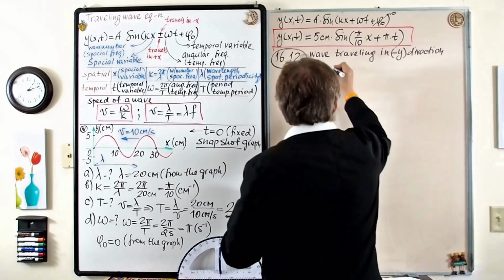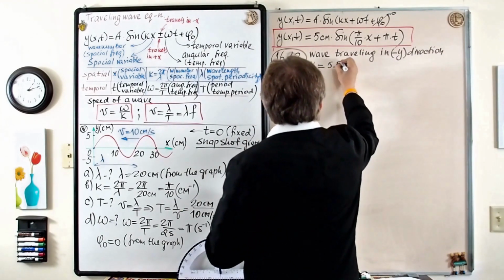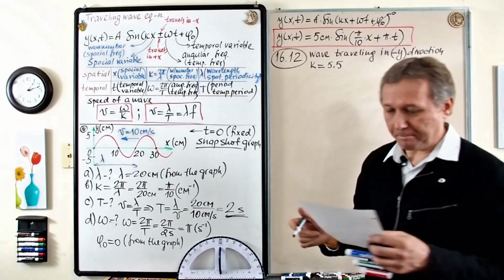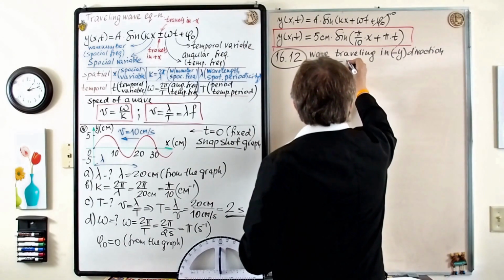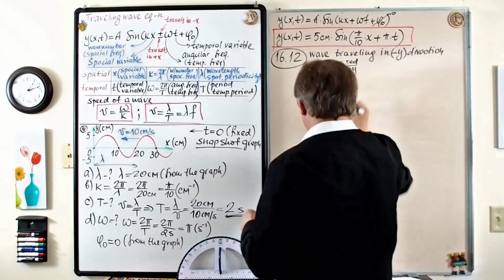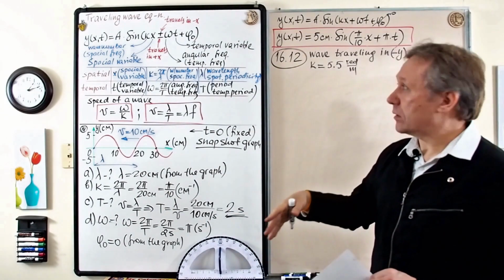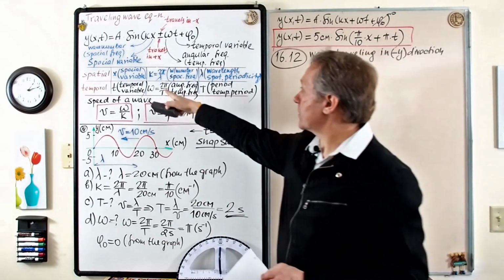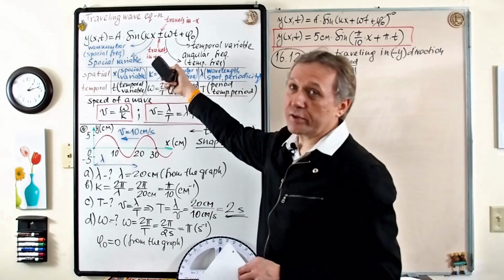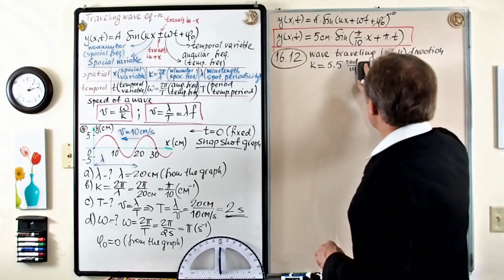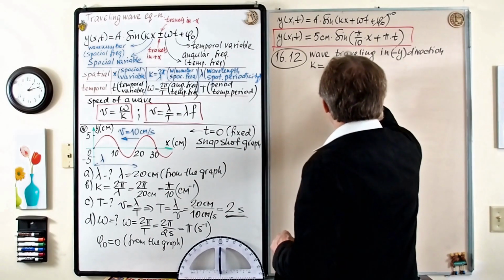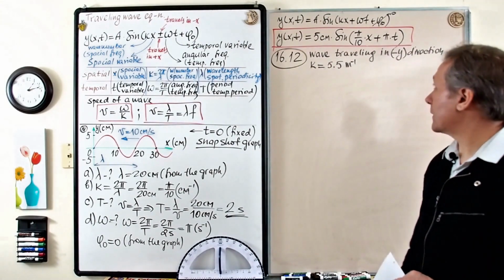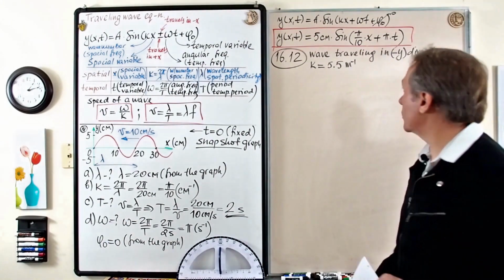So the wave number is 5.5. The units of wave number are reciprocal meters, so radians per meter, or very often we write meters to the power of -1. But of course, since we introduced 2 pi over lambda, strictly speaking, it's radians over meters. But let me write just meters to the power of -1, because that's how we usually write it, or centimeters to the power of -1.